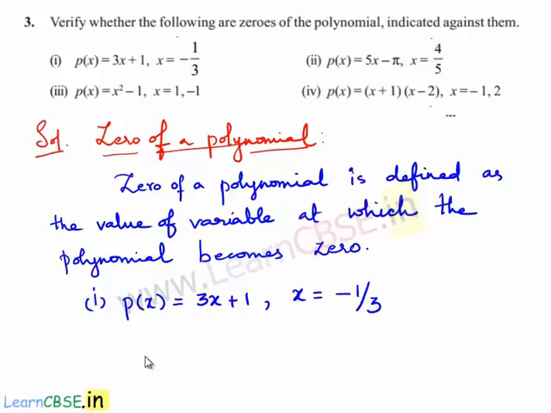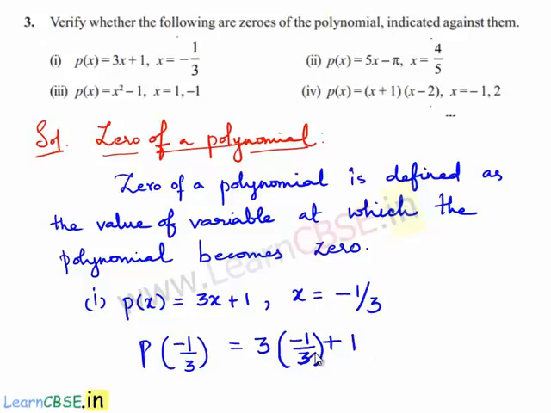So let us substitute the value of minus 1 by 3 in the place of x, which is p of minus 1 by 3 is equal to 3 times of minus 1 by 3 plus 1.